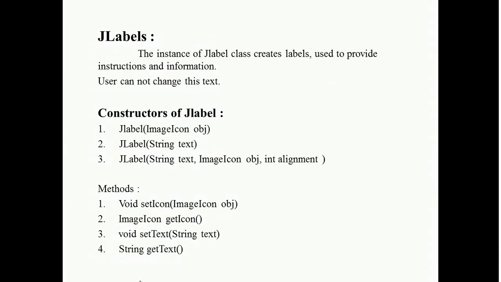Now next see what the JLabel component is. The instance of the JLabel class creates labels used to provide an instruction and information, and the user cannot change this text. Labels in the Swing classes are instances of the JLabel class, which extends JComponent, and these labels can display text and icon.